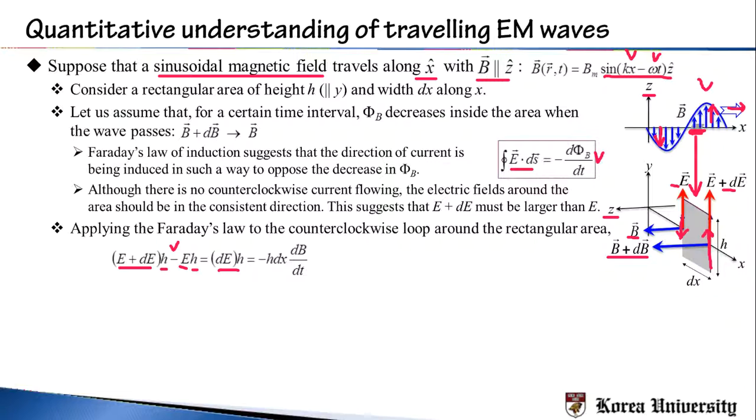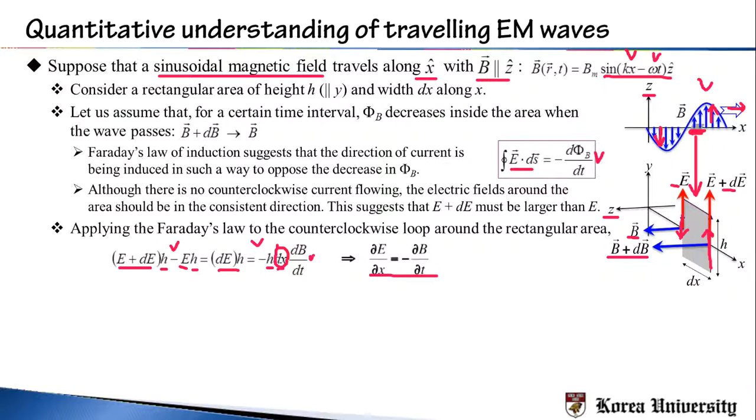It is minus d of h multiplied by dx, which is the area of this gray square, multiplied by the time-dependent change of the magnetic field, dB/dt.